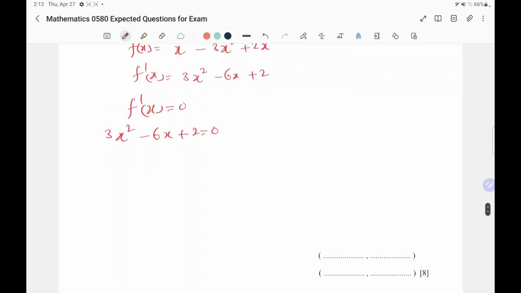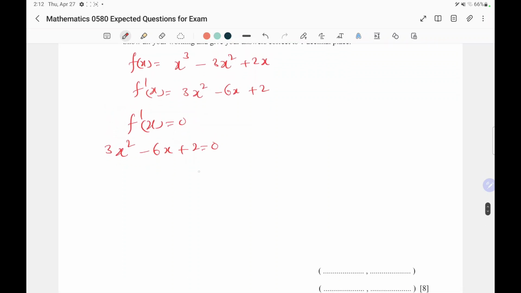Now this is for 8 marks, so we cannot use a calculator here. We have to somehow solve that. So let's try to factorize. So 3 times 2, which is 6. I have to break 6 into 2 terms such that the multiplication should be plus 6 and the addition should be minus 6.